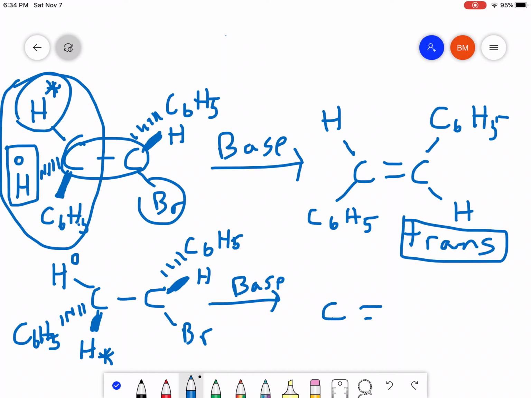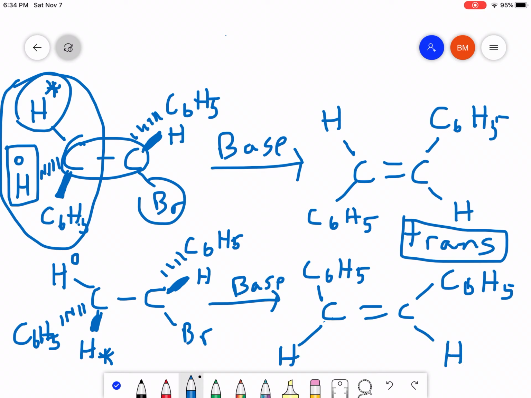We couldn't do this in the last example because we only had one beta hydrogen, right? So if you rotated it out of the anti-periplanar arrangement, there was nothing else there. But here, now we see both of the C6H5s are on dashes, and both of the remaining hydrogens are on wedges.